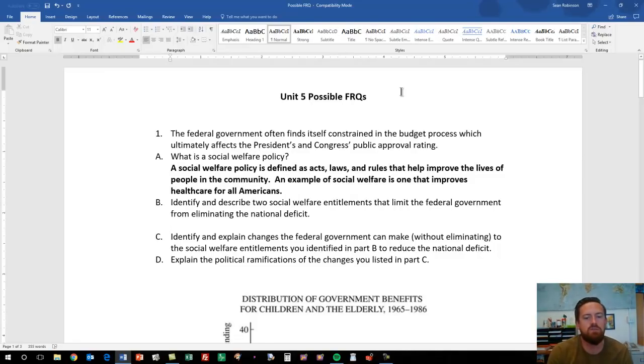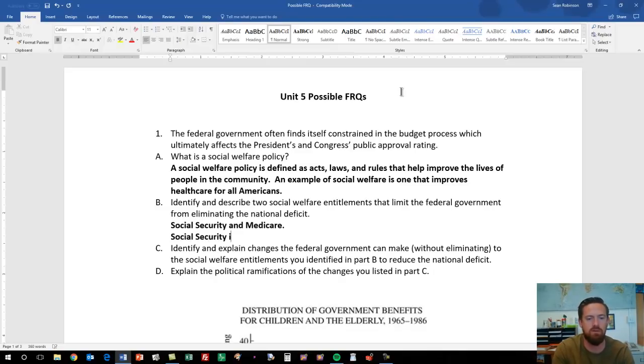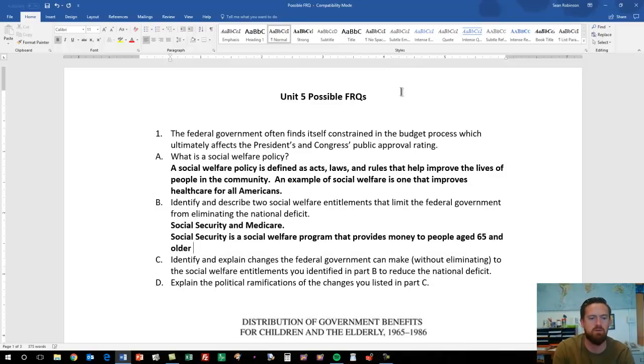Okay. Identify and describe 2 social welfare entitlements that limit the federal government from eliminating the national deficit. Well, Social Security and Medicare. Social Security is a social welfare program that provides money to people age 65 and older so that they can stop working as they reach old age.